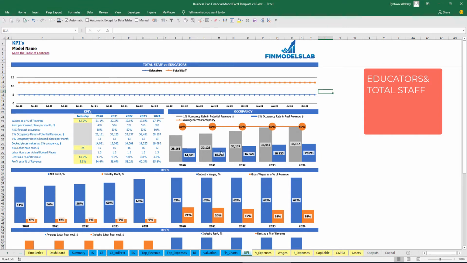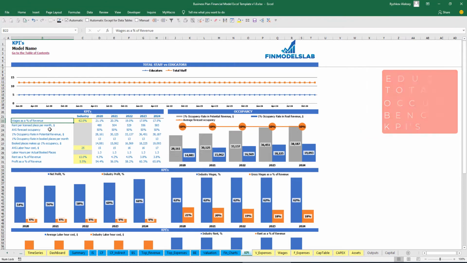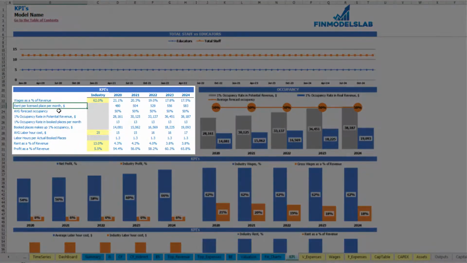Additionally, you may see the occupancy chart and all the charts related to benchmark indices such as wages as a percentage of revenue, rent per licensed place per month, average forecast occupancy, occupancy rate and potential revenue, occupancy rate and booked places per month, average labor hour cost, labor hours per actual booked places, rent as a percentage of revenue, and profit as a percentage of revenue.